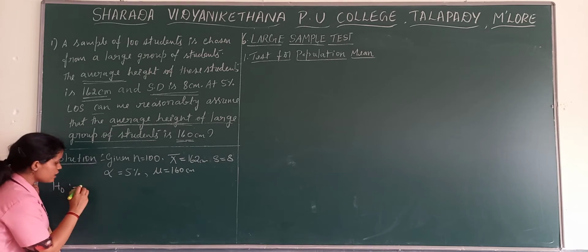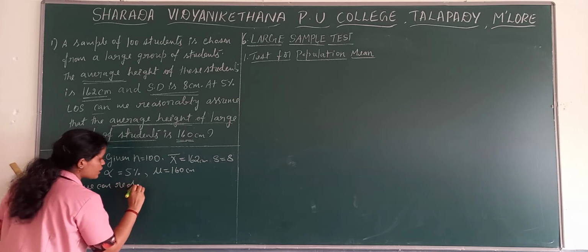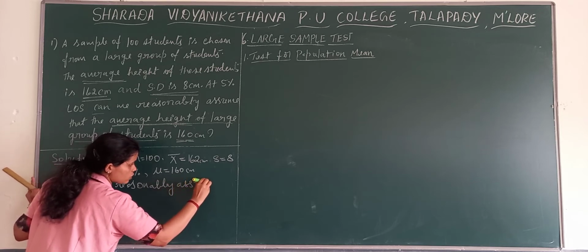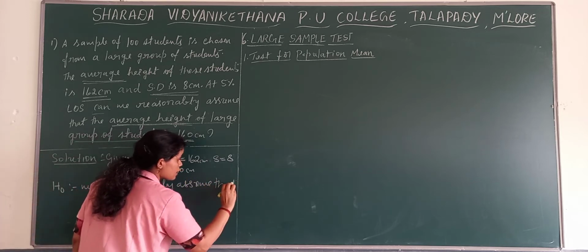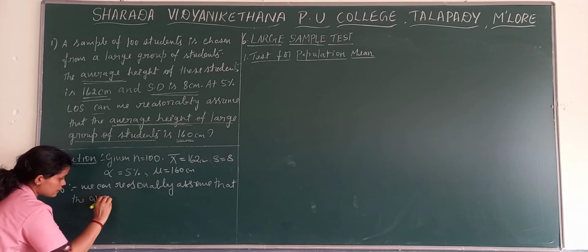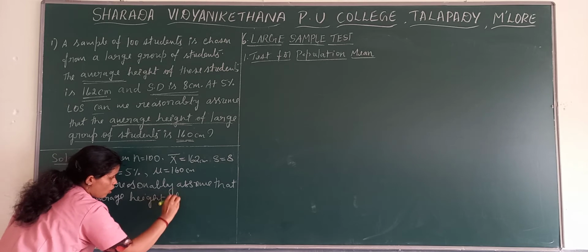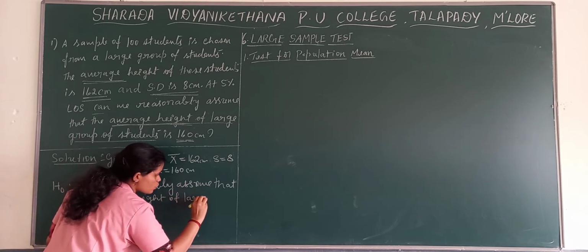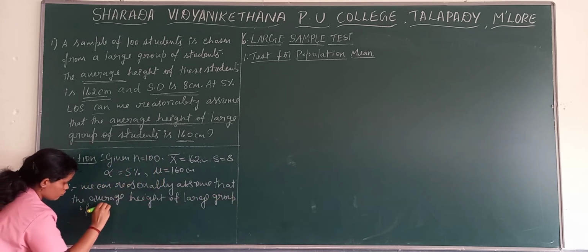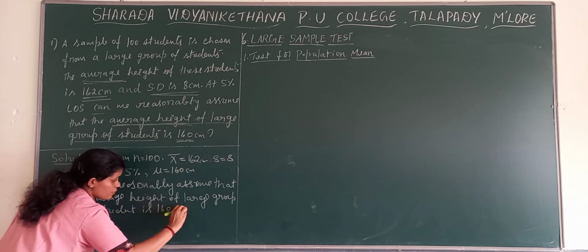Here you need to write: we can reasonably assume that the average height of a large group of students is 160 centimeters. Yes, we can assume.